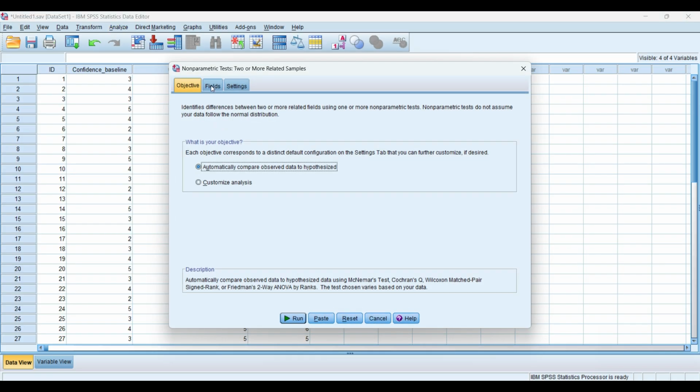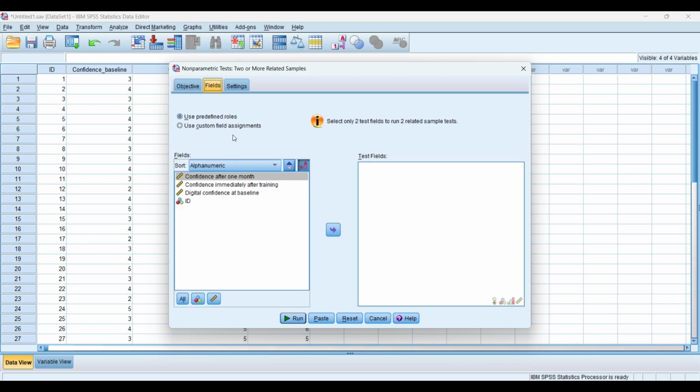Here it automatically compares observed data to hypothesized. Then click on Fields. We have three observations, so we put them sequentially: first the digital confidence at baseline, then immediately after training, and then confidence after 1 month.